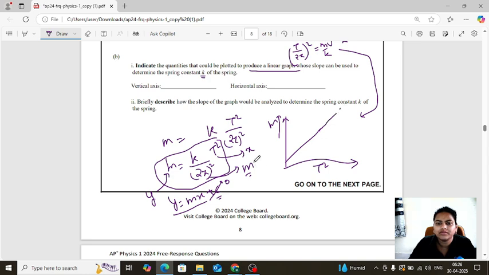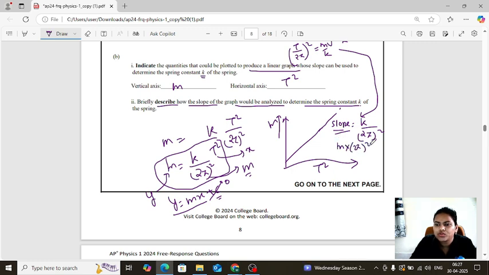So on the vertical axis we write m, and on the horizontal axis we write T squared. Second part: briefly describe how the slope of the graph would be analyzed to determine the spring constant k. What is the slope? K upon 2 pi squared. So when we find the slope, k would be equal to the slope times 2 pi squared.